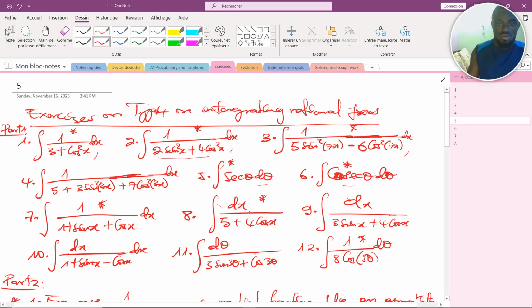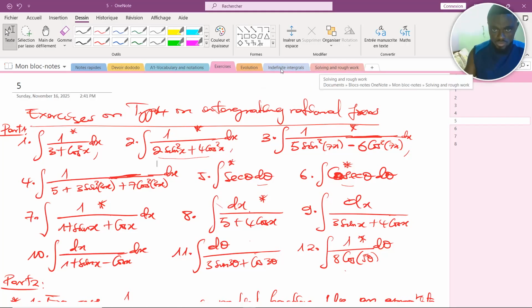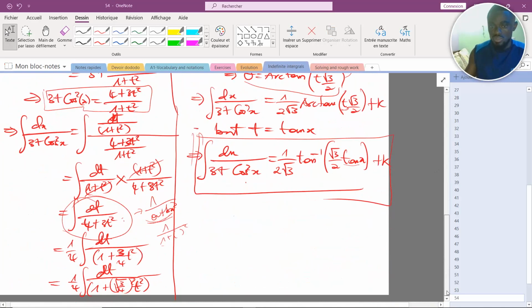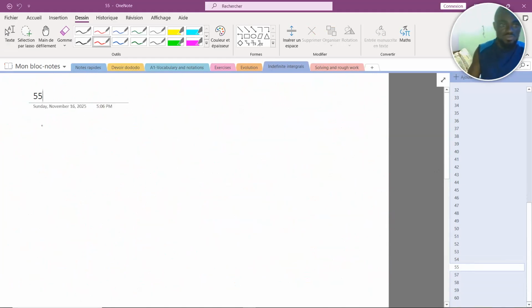The integral of 1 all over 2 sine square x plus 4 cos square x. Okay, let me go to the next page. We are on page 54. Let me go to page 55. That's question 2.